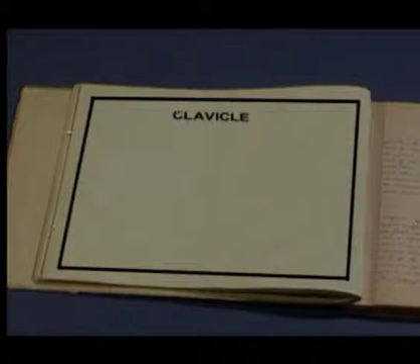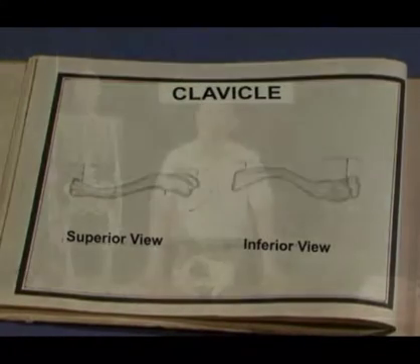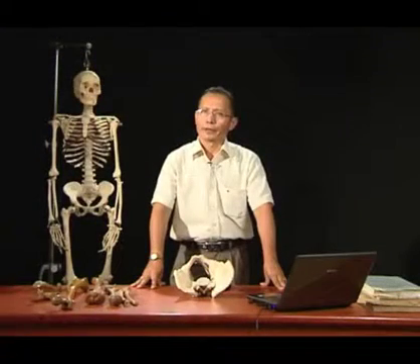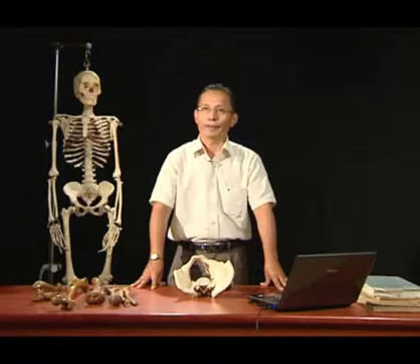If you are going to draw a clavicle, you can divide the drawing sheet virtually into two sections such that in one you can draw the superior view and in the other the inferior view. The drawing should be purely freehand. However, it should be proportionate to the original bone.